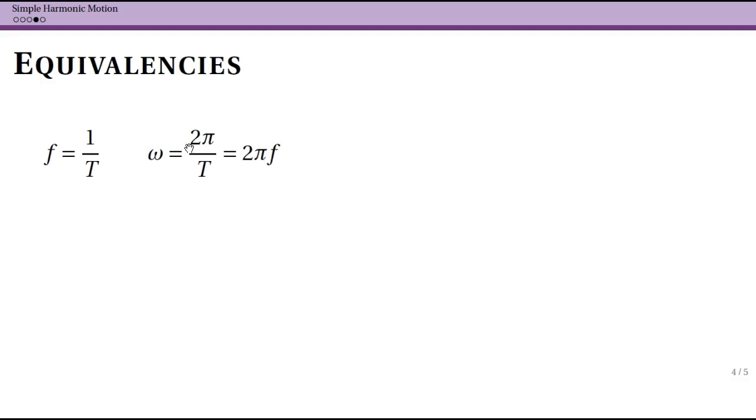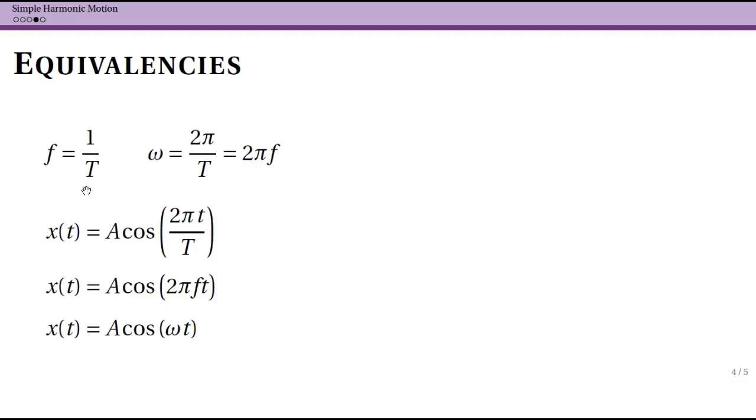So we really have 3 different variables that all really relate to the exact same thing. How long does it take to get back to the original position, and or how often is that happening if you use frequency? So we can actually write 3 different equations that are all exactly the same thing using period, frequency, or again, angular frequency.